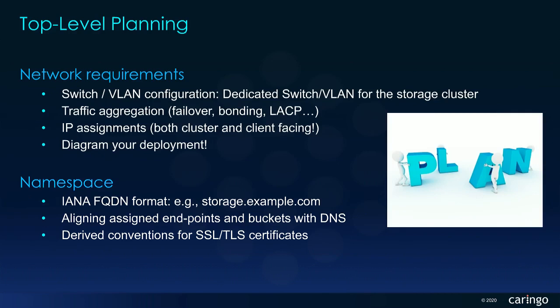So it's important that you have all of this in mind when you are planning on the networking side. And of course, in the end, just draw a diagram of the deployment that you plan to do. It will help to clarify all these things and to see more clearly what data flow you want to follow.